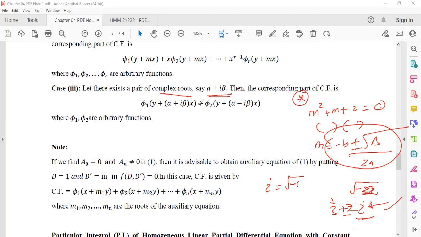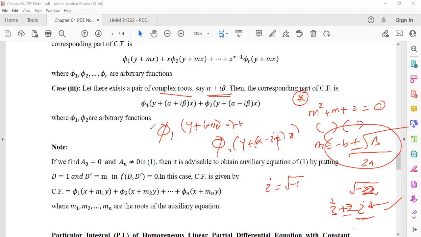Then the corresponding solution will be, wherever m, you put phi 1 of y plus alpha plus i beta times x, plus phi 2 of y plus alpha minus i beta times x.